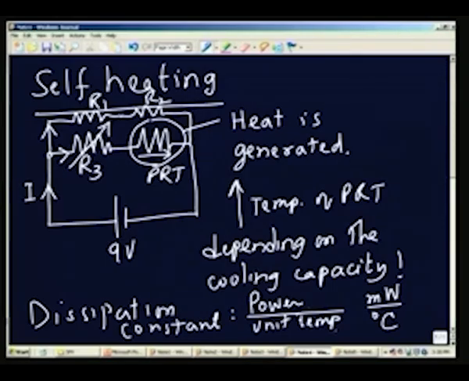As I have explained, if R1, R2, R3 are all equal to 500 ohms, then of course PRT will have a slightly different resistance because of self heating, and it will not be in balance. To bring it to balance, I have to change R3 slightly, and I want to find out what value of R3 is going to make the bridge circuit come to balance.